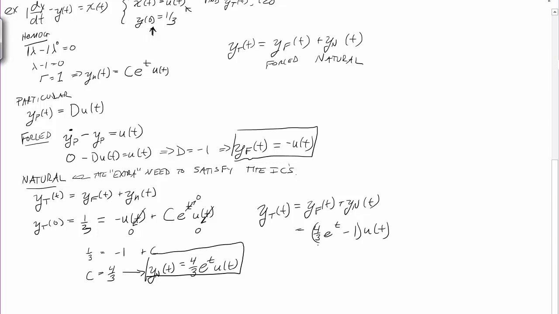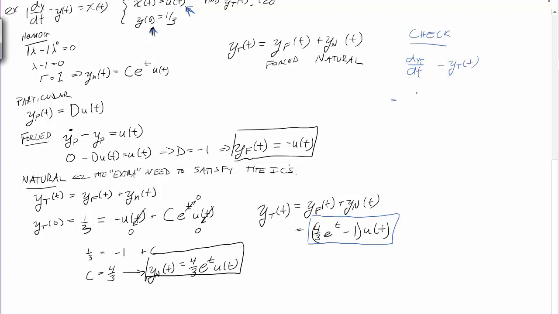Okay, and one of the nice things about diffeqs is that they come pre-packaged with a check on your answer. So here we can check ourselves, because what do we know has to be true? Whatever we box for our final answer has to satisfy two conditions. It has to satisfy the inhomogeneous part, and it has to satisfy the initial conditions. So what if we take the derivative of the total response and we subtract the total response from it?